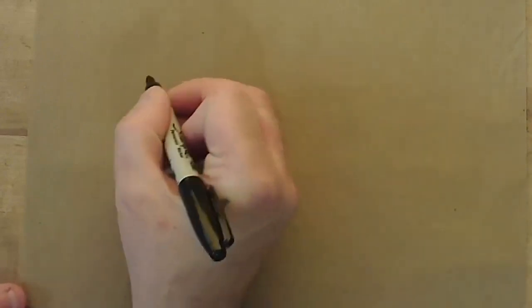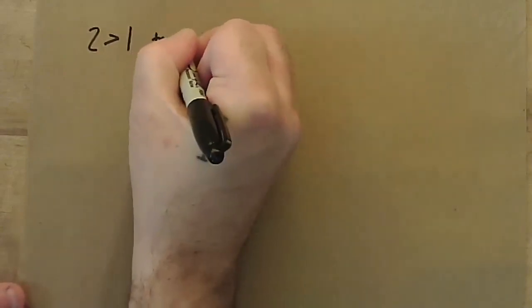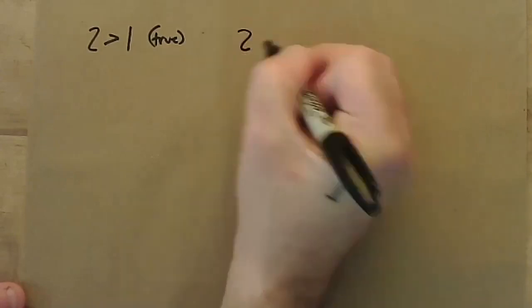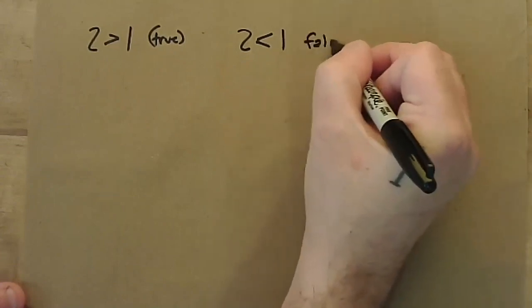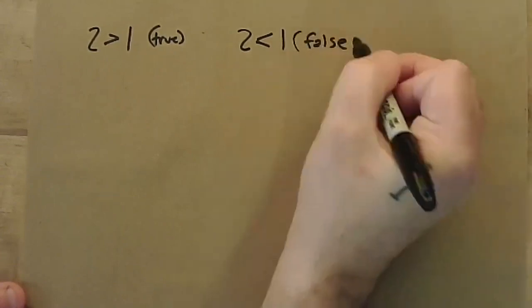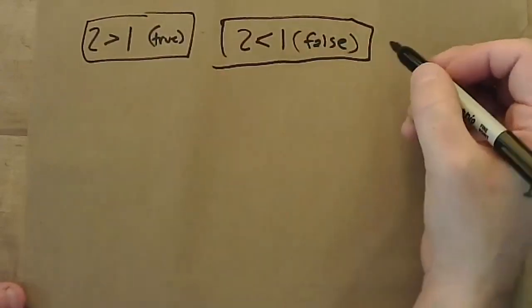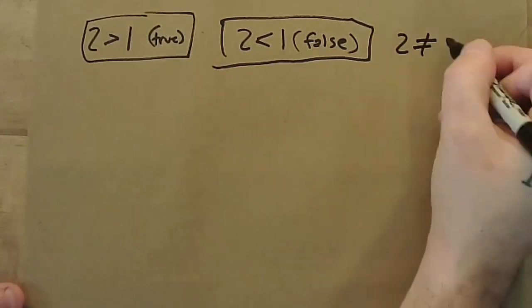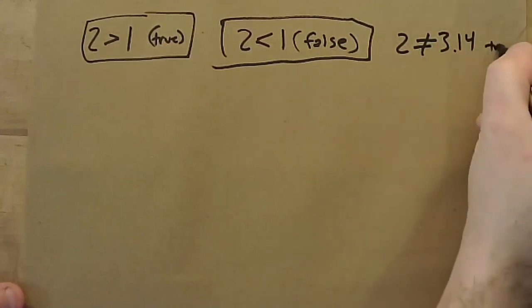So just really quick, let's write out a few of those. We'll start out with 2 is greater than 1, which we know is true. We have 2 is less than 1, which is false. We can do 2 is not equal to 3.14. That's true.